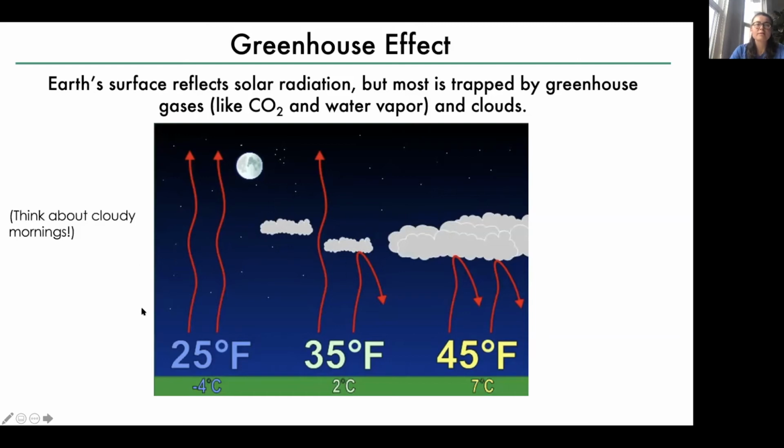I live in Seattle, and cloudy mornings in the winter are often warmer than when it's clear out. The clouds and the water vapor are trapping the outgoing radiation, absorbing it, and re-emitting it back down to the surface, as well as out to space.